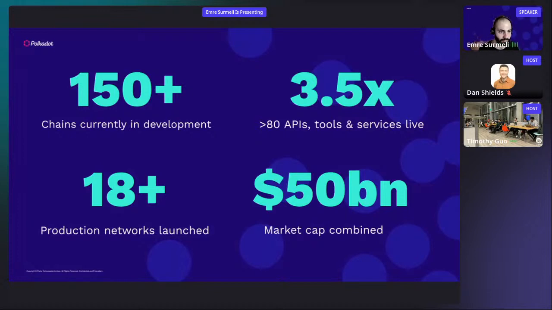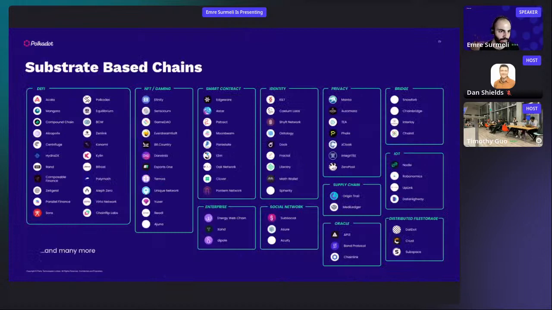We have 150 chains in development, a bunch of APIs, tools and services that are live, like chain explorers, wallets, and over 18 production networks have launched on Polkadot and Kusama. In total, there's about 50 billion in market cap combined between all the chains running on this network.